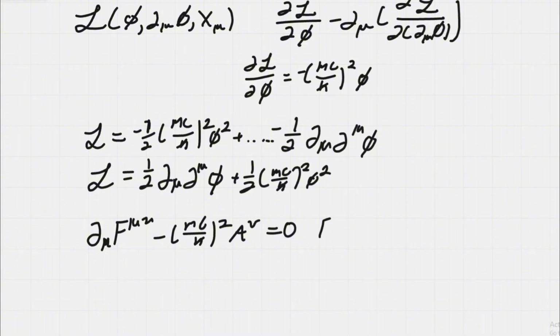Now, f mu nu is just equal to kind of a commutator sort of expression here with these indices.